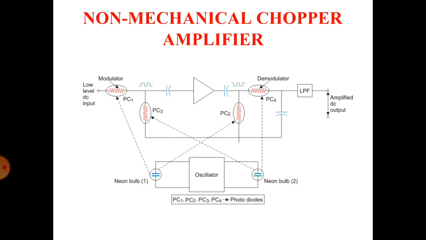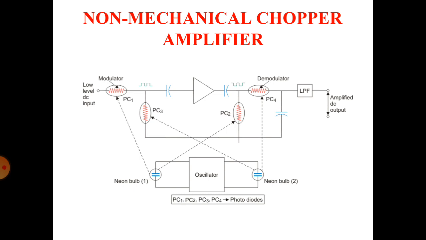So neon bulb 1 is connected to the modulator, PC1 and PC2. Neon bulb 2 is connected to PC3 and PC4.